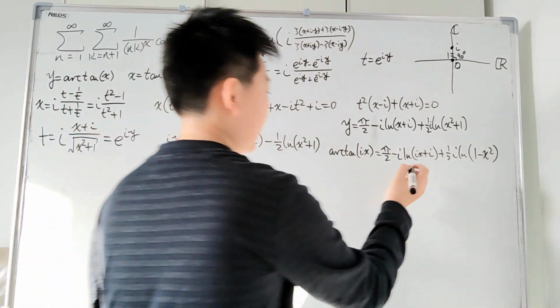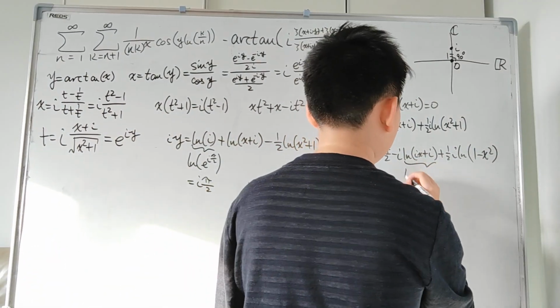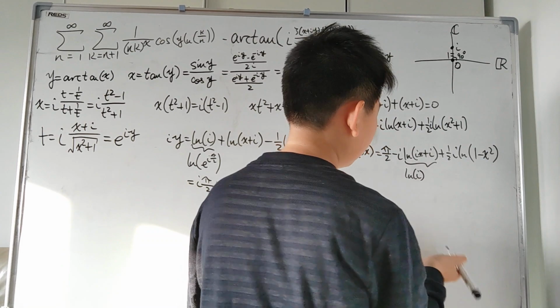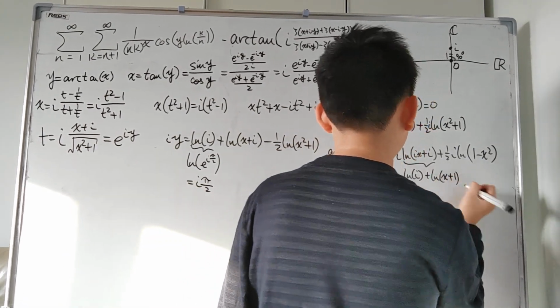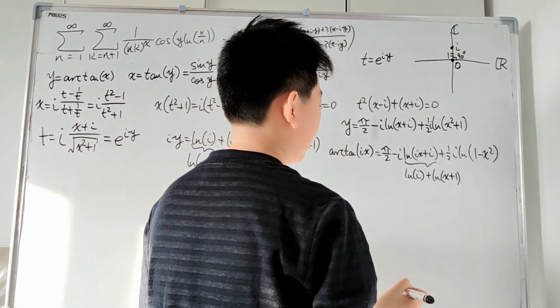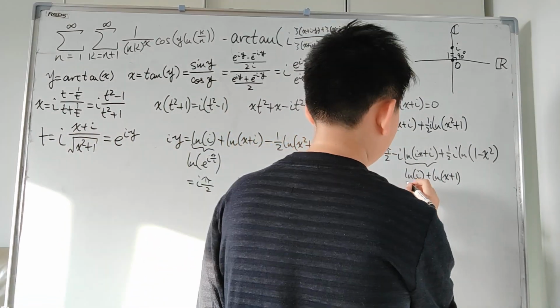And we can factor out an i here, so this would be natural log of i, which we already know, plus natural log of x plus 1, that is.